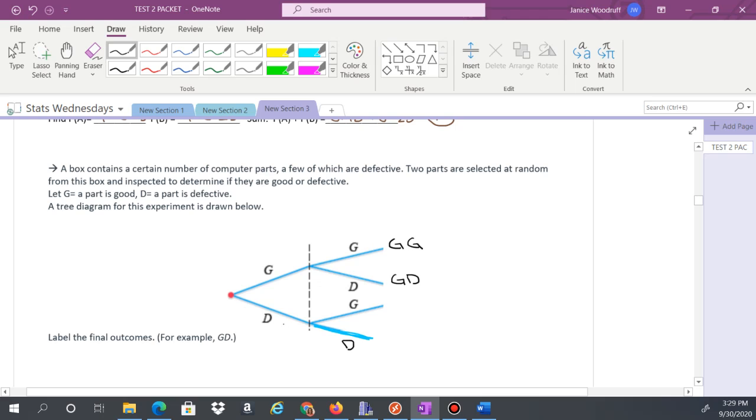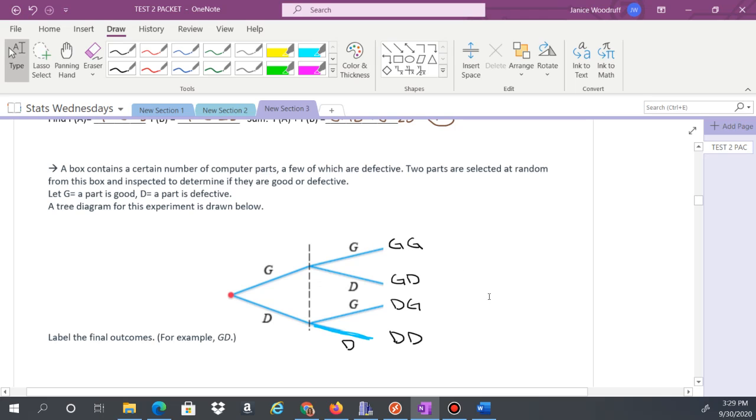If you pulled a defective part the first time, then a good part the second time, defective, good, and then defective, defective. And then you can do probabilities based off of this. It's just another way of writing out your sample space, like what we did with heads, heads, heads, tails, tails, heads, tails, tails.